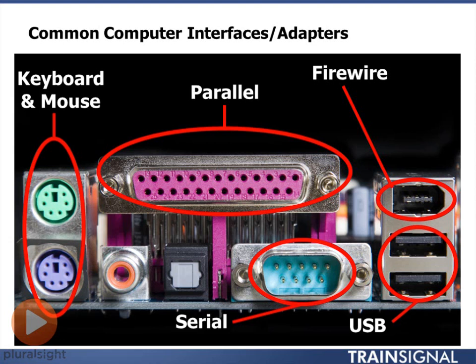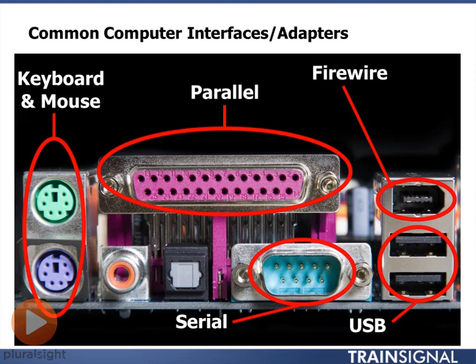Now, here I have an example of, I'm not really showing you the cards themselves. I'm showing you what's more typical, which would be that you have actual onboard chips. So you have your keyboard and mouse all the way on the left, and these are what's known as PS2 connectors. This is somewhat outdated. More often than not, we will connect our keyboards and mice via USB.